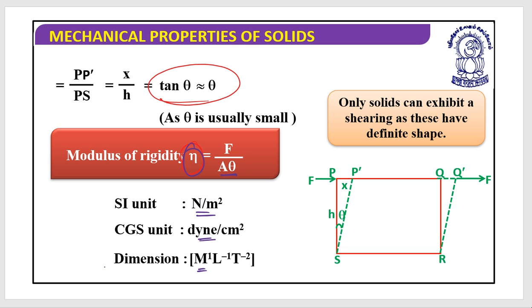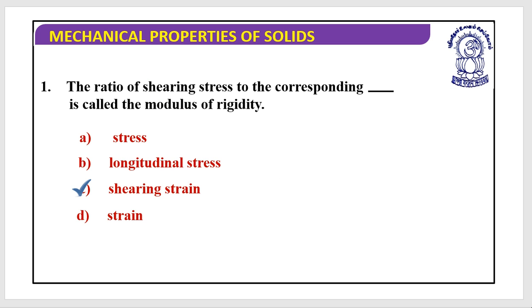Very few questions have been asked from this, so we will look at some quick questions based on this topic. First, it says that the ratio of the shearing stress to the corresponding shearing strain is called the modulus of rigidity. Yes, it is the ratio of the shearing stress to the shearing strain.